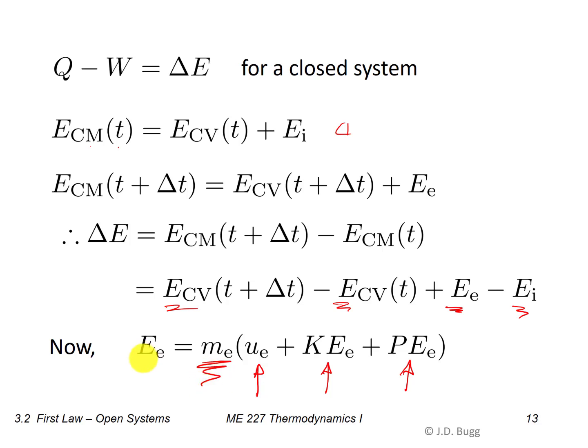So capital E is mass times the specific internal energy and the kinetic energy per unit mass and the potential energy per unit mass. Now this particular line right here is written for the energy in the exit, so that's why it has this subscript e on each one of these terms. I'm just using the energy in that exit pipe as an example of how we can expand this total energy into its three contributions.